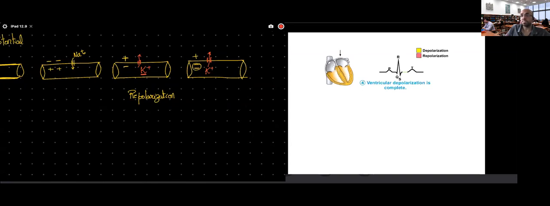Means I have a more negatively charged membrane on the inside than it was before I sent the electrical signal. So we call this an exaggerated polarity. What do we call this exaggerated polarity? Hyperpolarization.